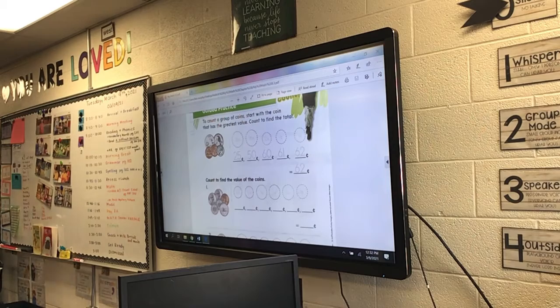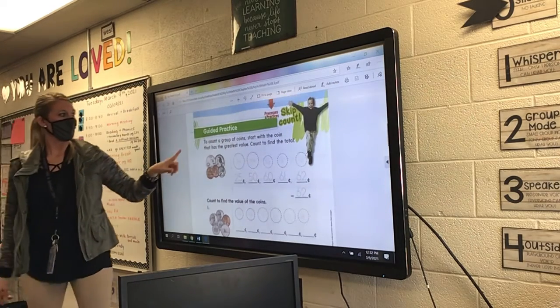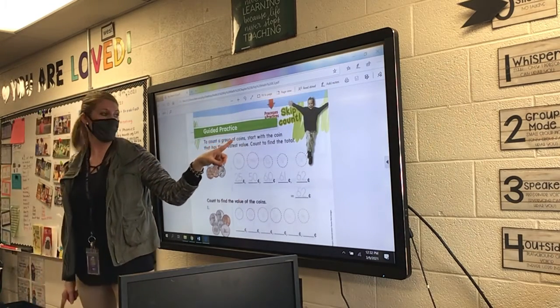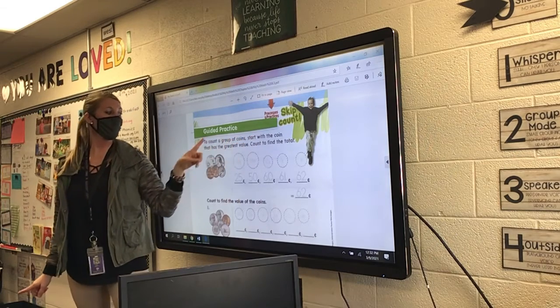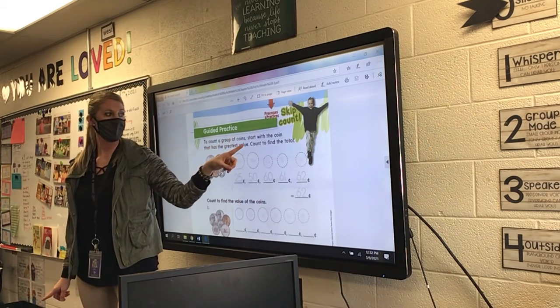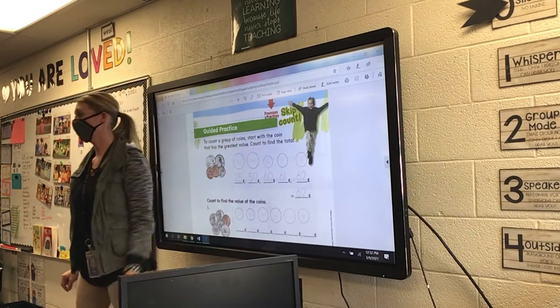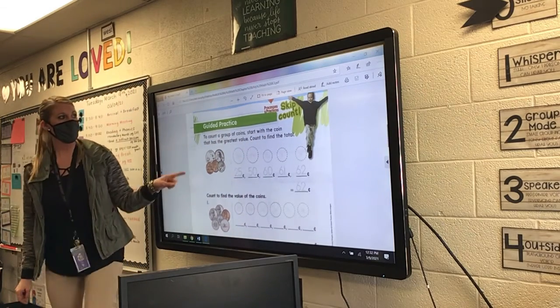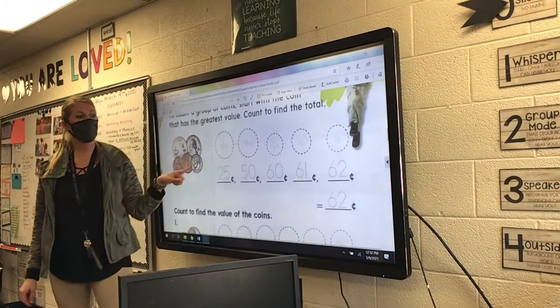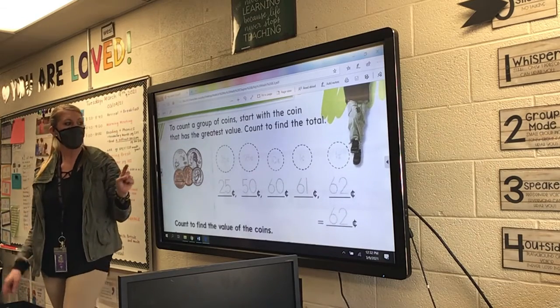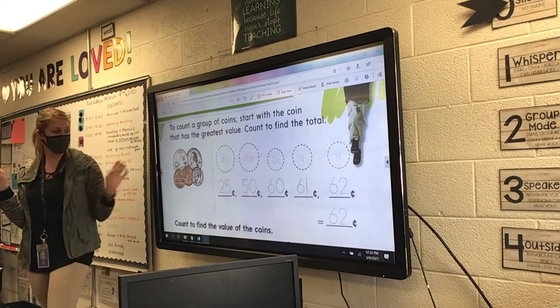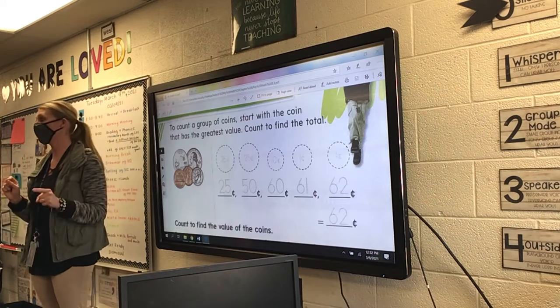Okay, now, on the guided practice, to count a group of coins, start with the coin that has the greatest value, count to find the total. So what we're going to do is on this first one, we're going to practice that skill. So I would like you to take your pencil and find the 2 quarters.